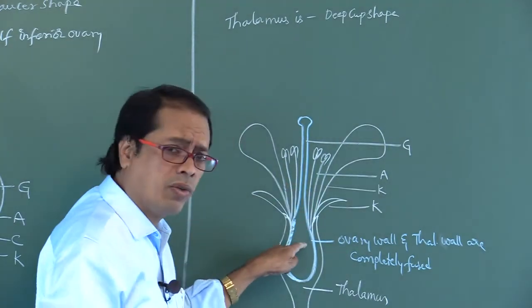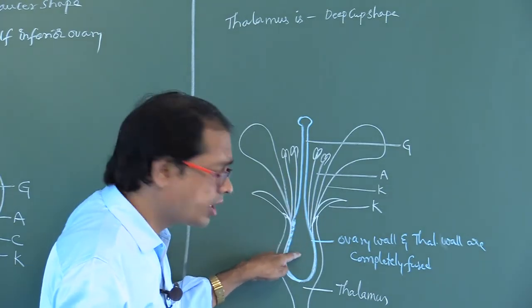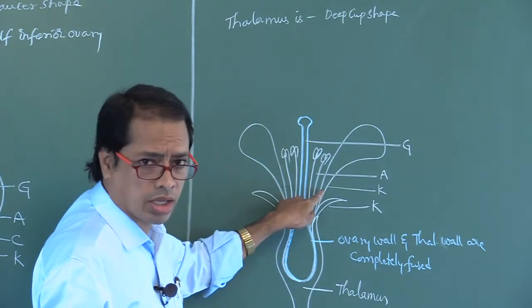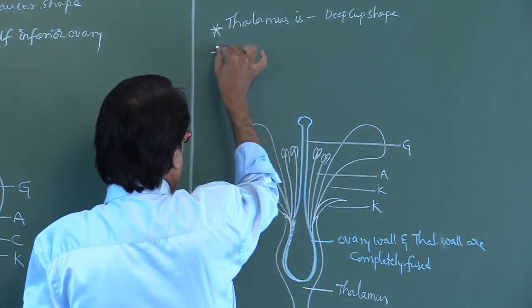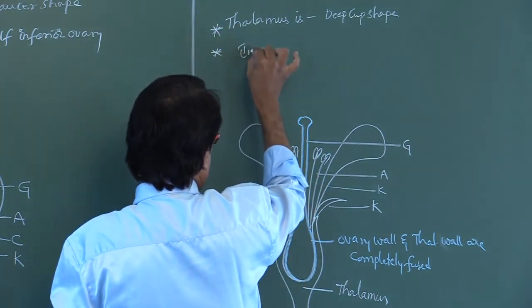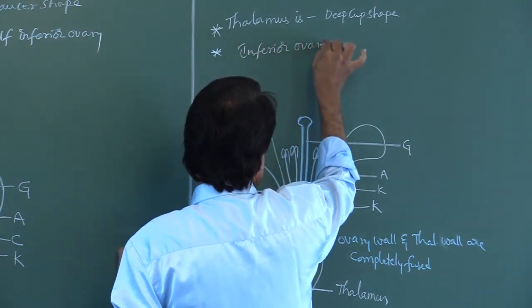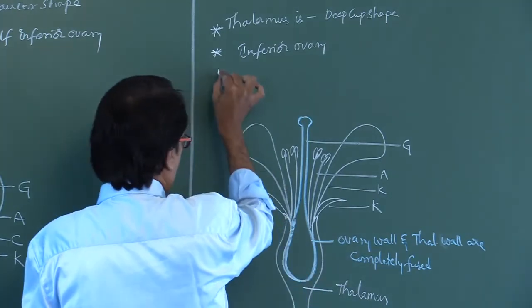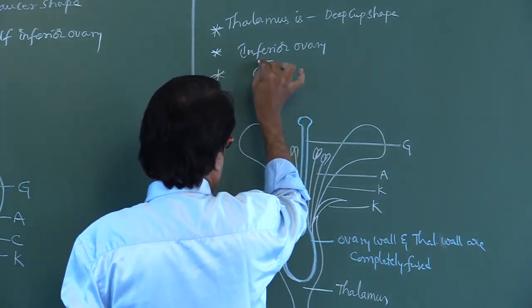So here the ovary is present inside, inner to these organs. So what type of ovary is it? Inferior ovary. It is represented like this.